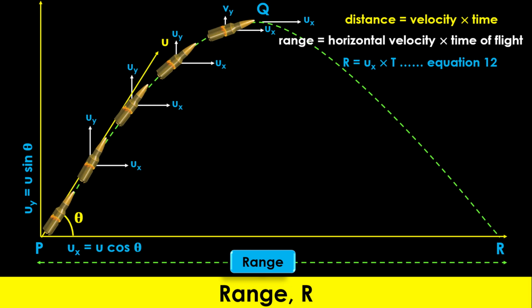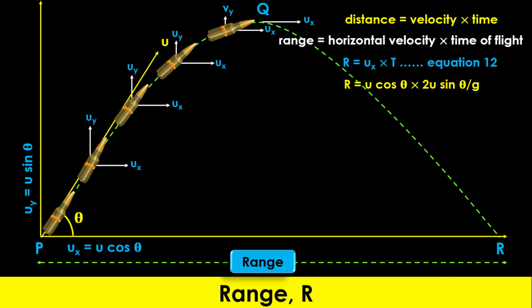Recall that time of flight is calculated as 2u sine theta over g, and the horizontal velocity is u cos theta. Therefore, substituting this into equation 12, the range will be equal to u cos theta times 2u sine theta over g.